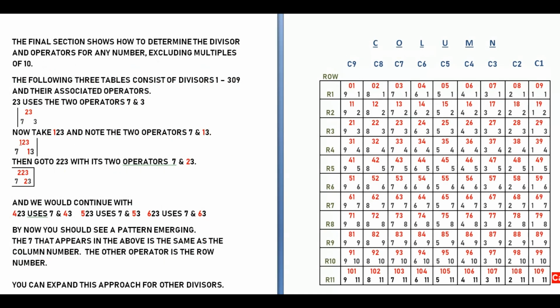The final section shows how to determine the divisor and operators for any number excluding multiples of 10. The following three tables consist of divisors 1 through 309 and their associated operators. 23 uses the two operators 7 and 3.